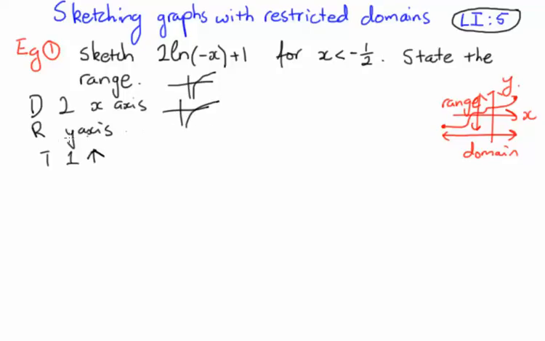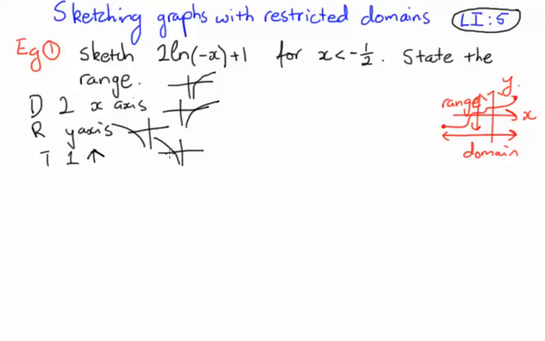A reflection in the y-axis, so the y-axis becomes our mirror. Let's reflect in the y-axis. And then a translation of 1 unit up. It might look something like that. Okay, that's good. We already have a rough idea of what our graph's going to look like.